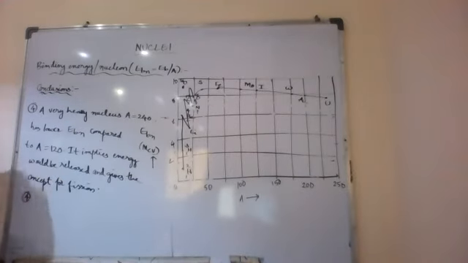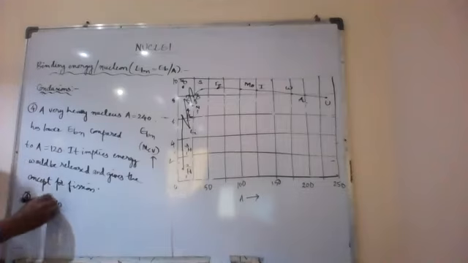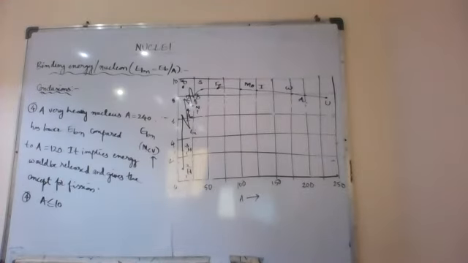The next point, he says, consider two light elements, A less than or equal to 10. The joining of two forms a heavy nucleus. The binding energy per nucleon of the fused heavier nucleus is more than the binding energy per nucleon of the lighter nucleus. So this means that the final system is more tightly bound than the initial system.